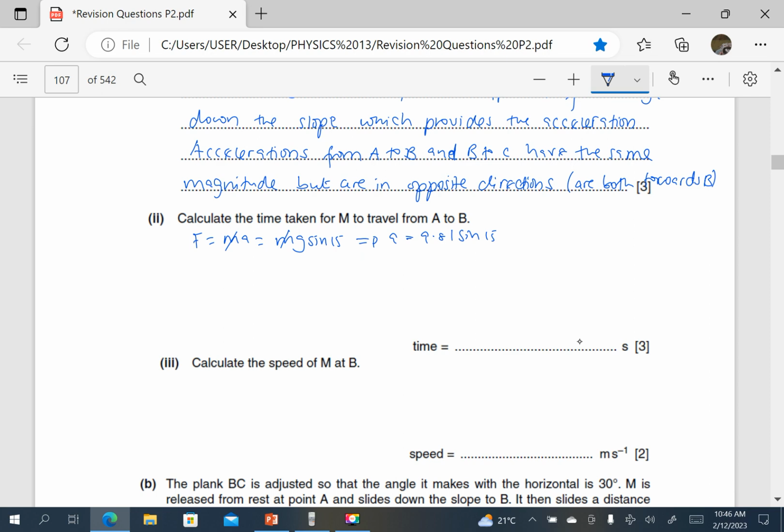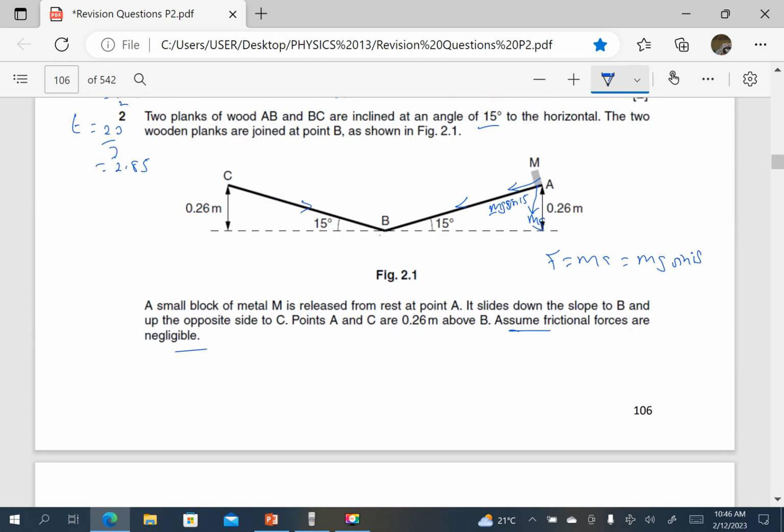So if you want now to find the time from A to B, we can now use equations of motion. S is equal to ut plus a half at squared. S can be found. That is the distance down the plane. Let's find S from here. S is the distance AB. We have opposite over hypotenuse, that is sine.